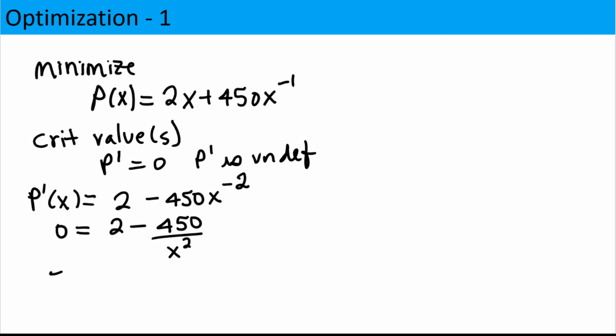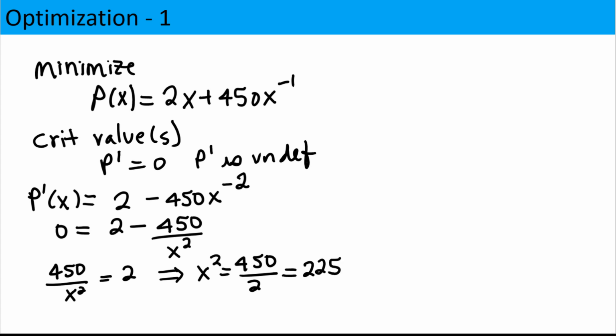Let's begin to solve for x. I'll add 450 over x squared to both sides, so I get 450 over x squared equals 2. And continuing, let's cross multiply so that we get x squared is equal to 450 divided by 2, which is 225. And when you solve for x, you get negative 15 and positive 15.